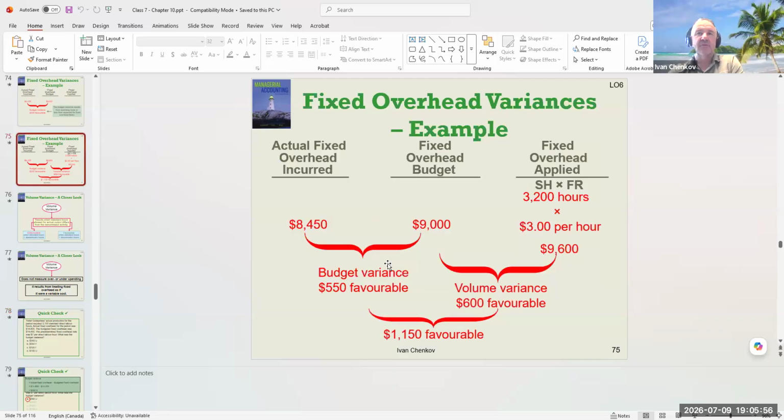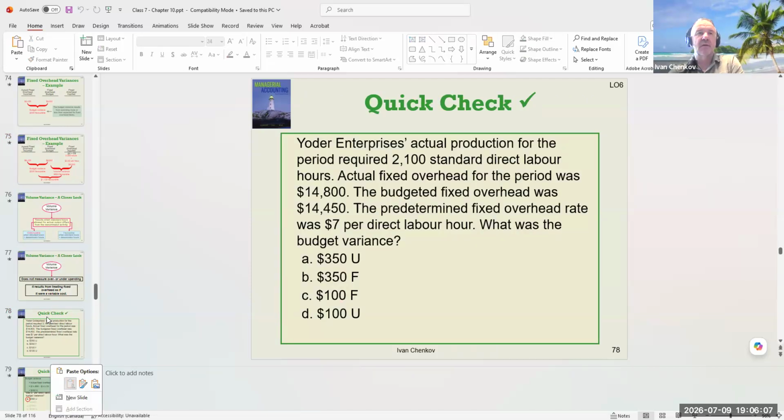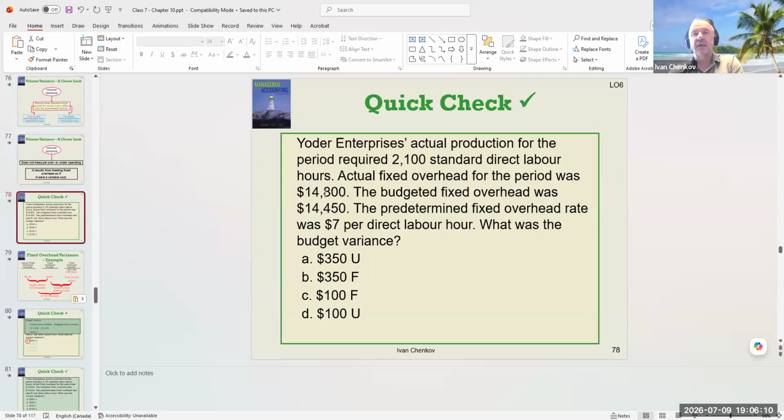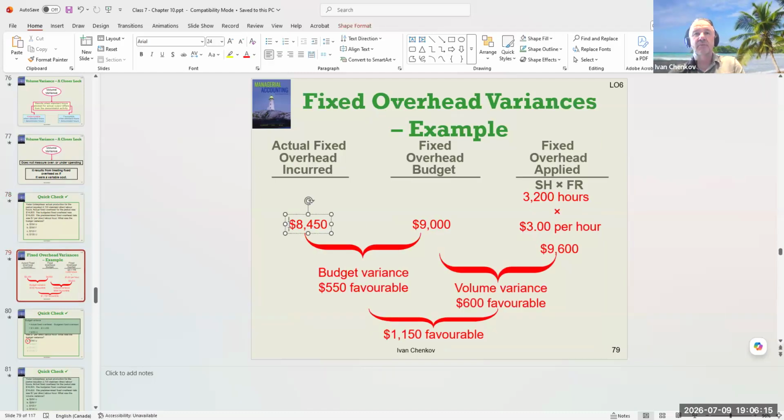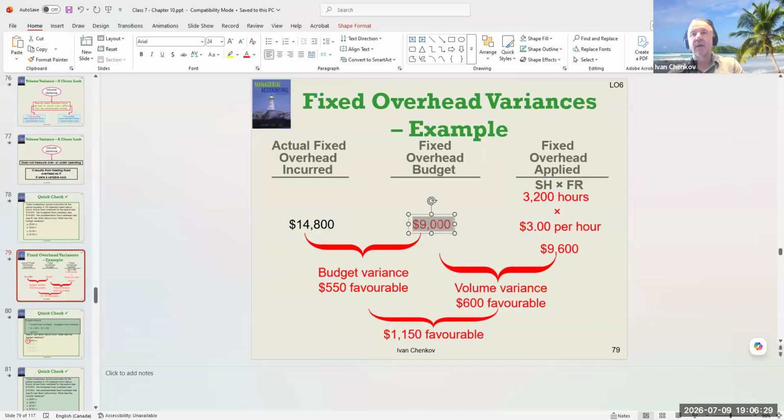So if I substitute here in this chart, 14,800 from here will be my actual, and my budget will be 14,450. And that's going to give me unfavorable in this case.